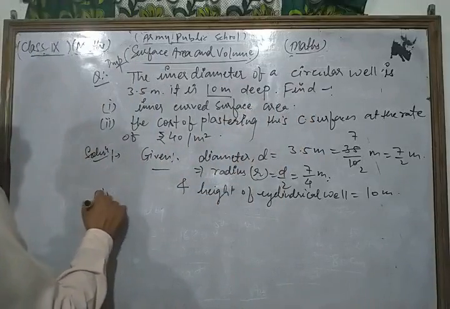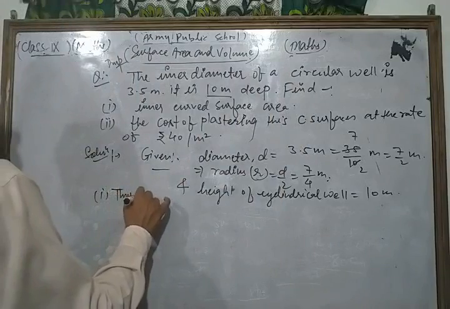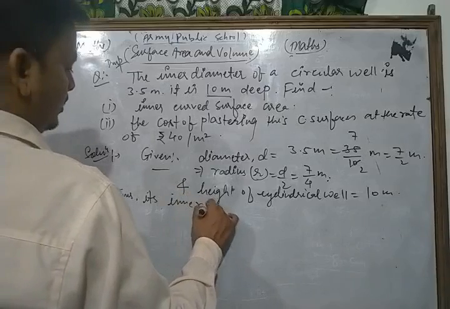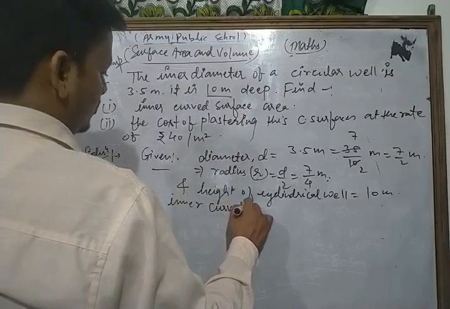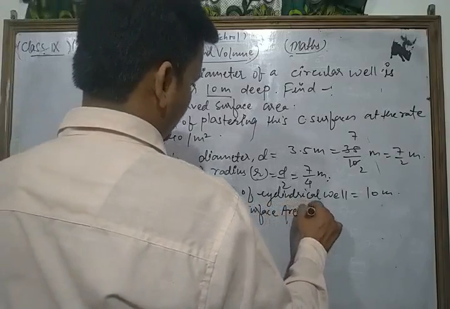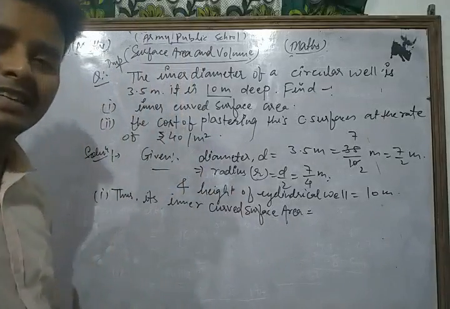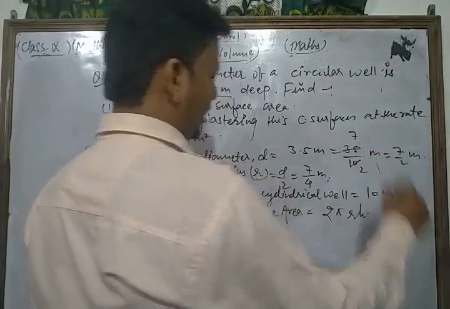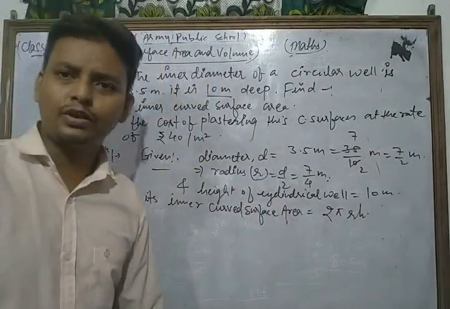Thus we solve the first part. Its inner curved surface area will be 2 pi r into h. This is the formula for the curved surface area of the cylinder.